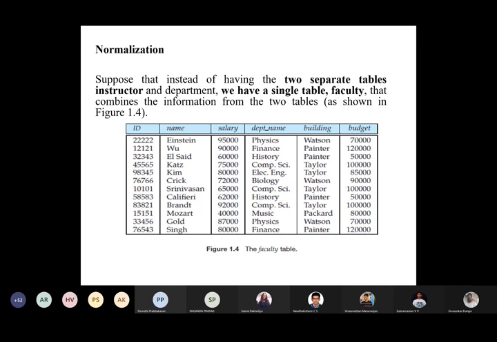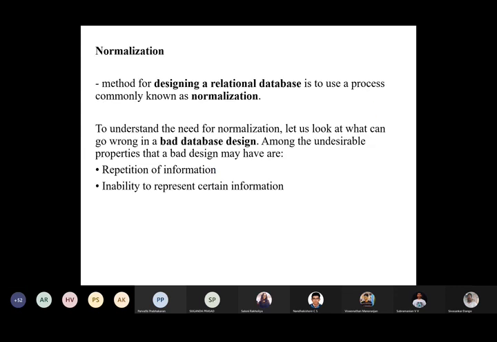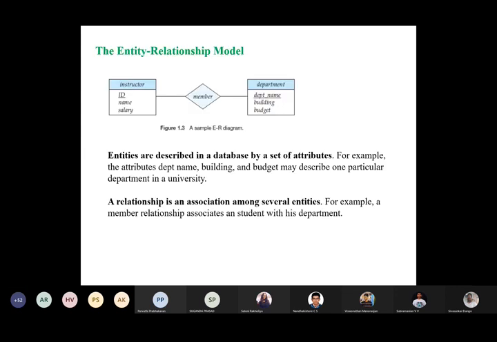So here we have discussed something about insertion anomaly. In an insertion anomaly, it is not possible to add new details about a department unless a faculty is associated with that particular department. Whereas in the previous design, where we have department separately and instructor separately, it's possible to add new department information even if no faculty member is associated with this department, right?